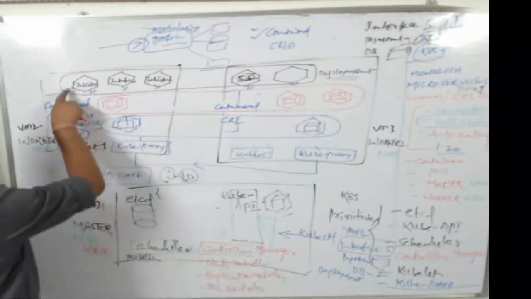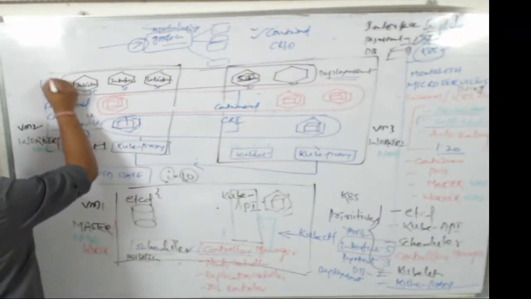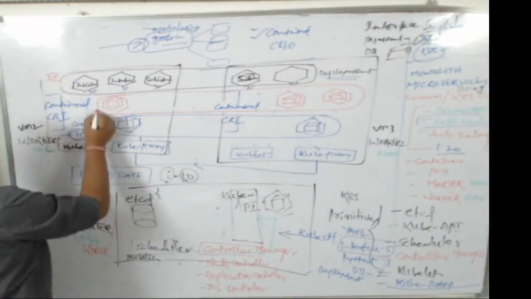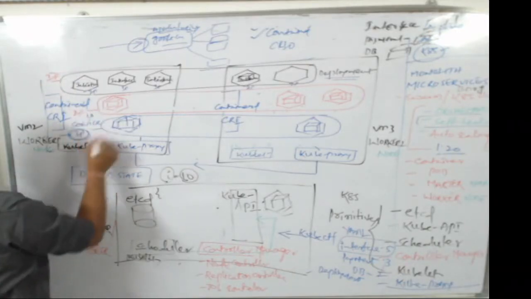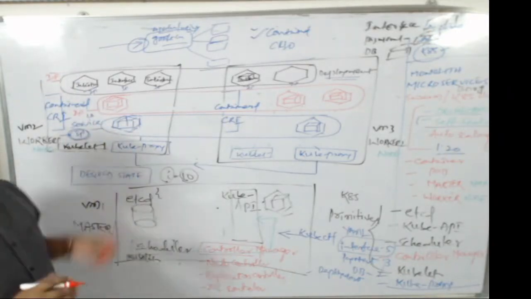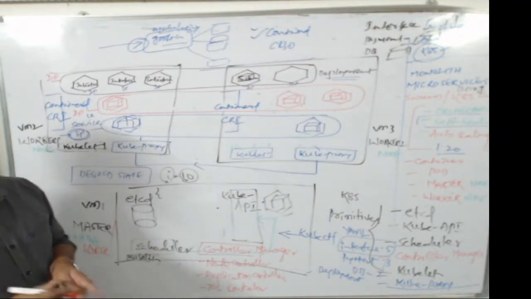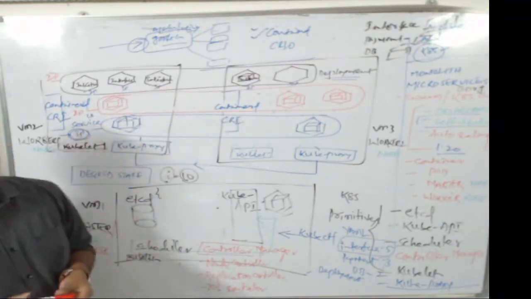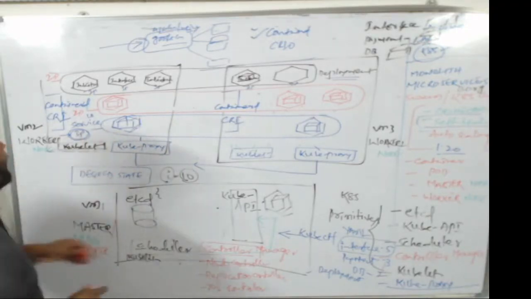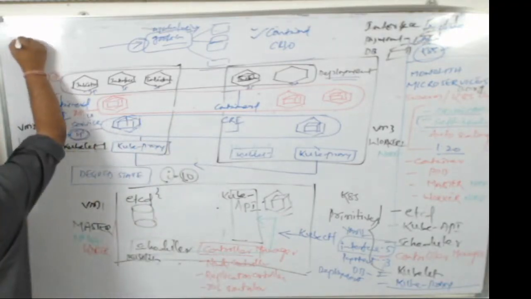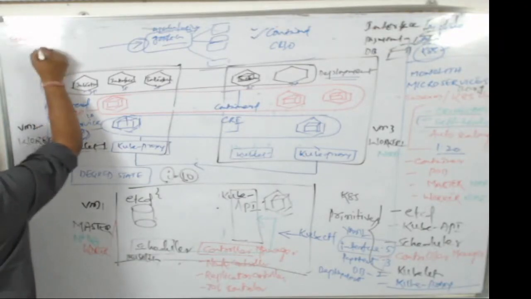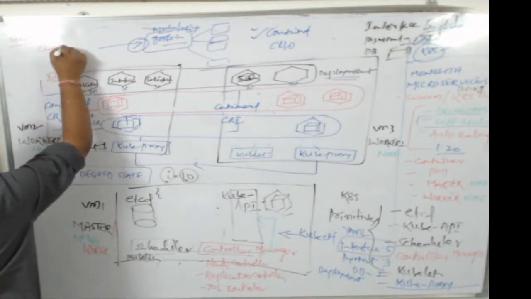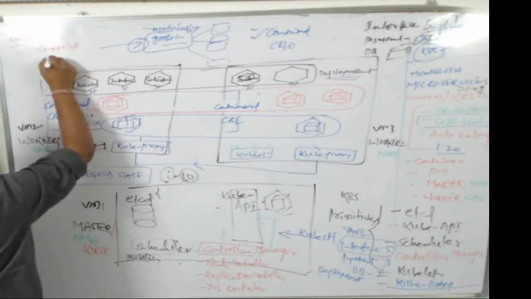So you have an IP for interface, you have an IP for payment, you have an IP for database. So each deployment is exposed as an IP. Now you can have three types of services. It could be a cluster IP, it could be a node port.